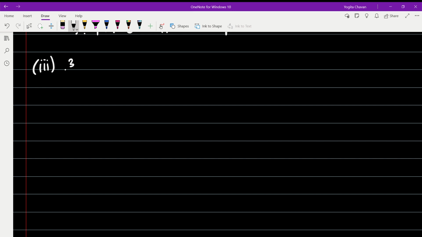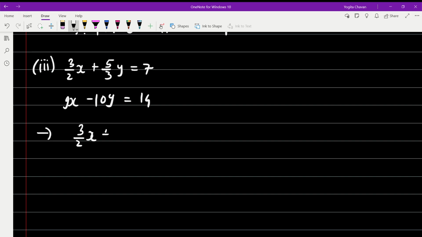It is 3 by 2x plus 5 by 3y is equal to 7, and here 9x minus 10y is equal to 14. Now rewrite it as 3 by 2x plus 5 by 3y minus 7 is equal to 0, and 9x minus 10y minus 14 is equal to 0.